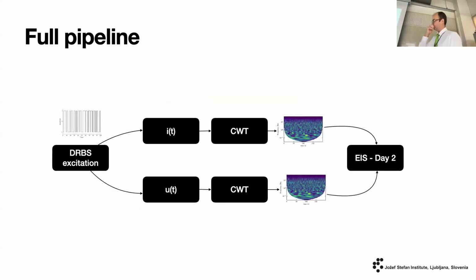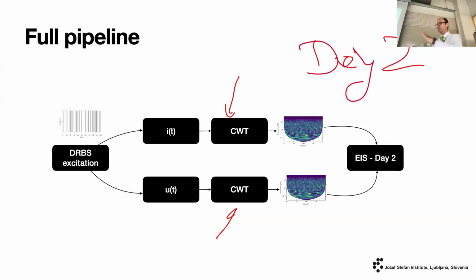So what we do is, we take this excitation, and whether we are doing it in galvanostatic or potentiostatic mode, it doesn't matter. We do it either on the current or on the voltage. We measure the output. We do this so-called time frequency analysis. I'm going to describe this pipeline completely in day 2.